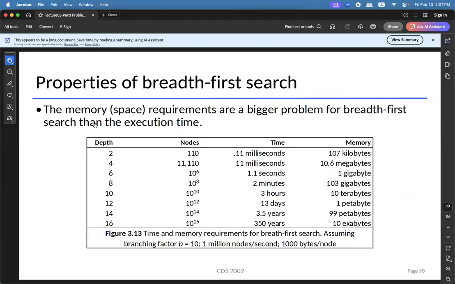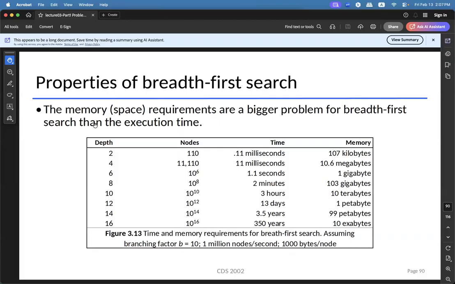As you can see in this table, as the depth of the search tree increases, the number of nodes increases exponentially. We are just increasing the depth from 2 to 16, but the number of nodes already increases exponentially, and so does the amount of memory we have to take to execute the search.